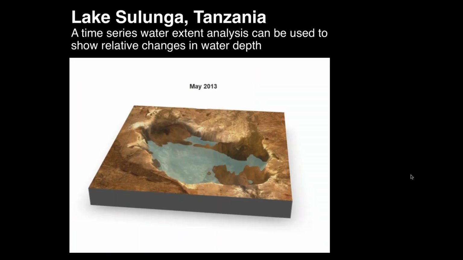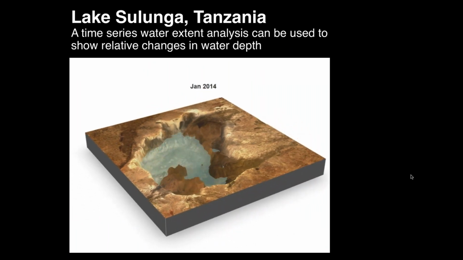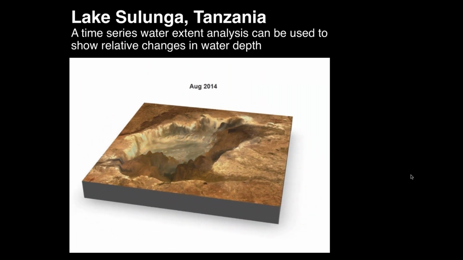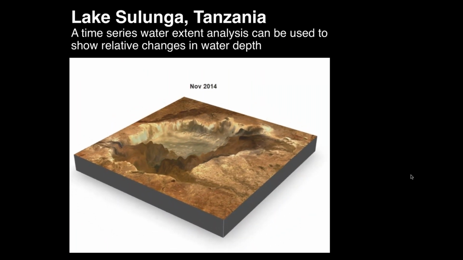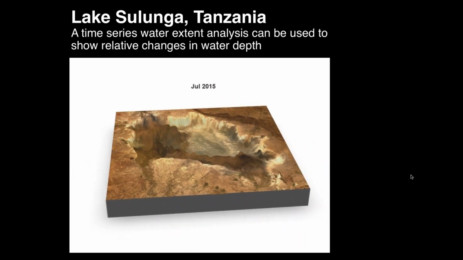So this is an animation. We now have a Jupyter notebook that gives an animation of the time series water extent. And what this is doing is it's showing the relative change in the water depth in Lake Salunga.